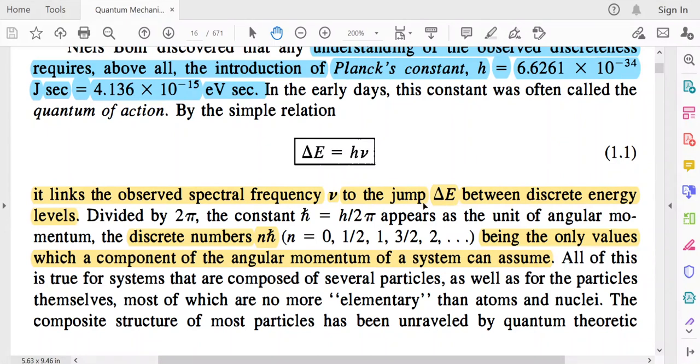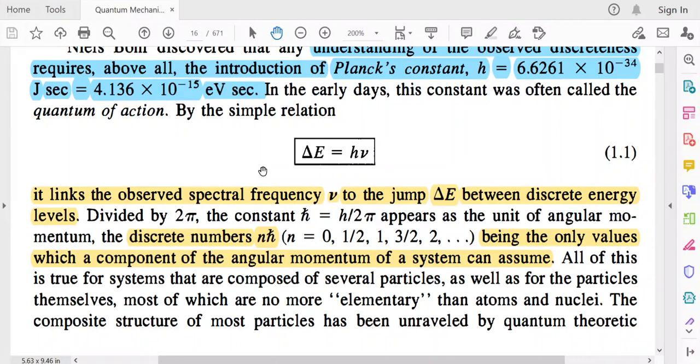So energy levels are discrete, and frequencies also take some discrete values, and the relation between energy and frequency requires a constant small h, and this constant is known as Planck's constant. So what is the significance of Planck's constant?